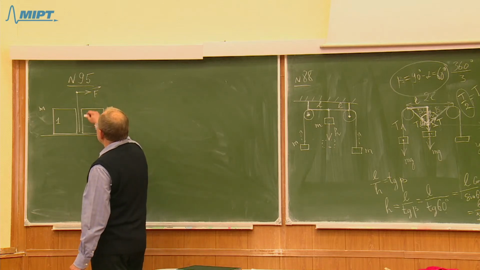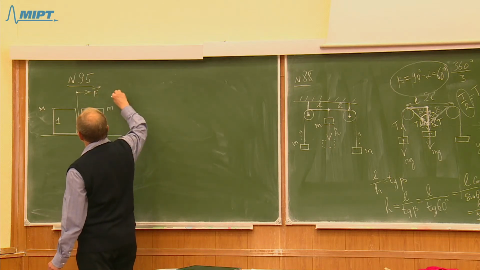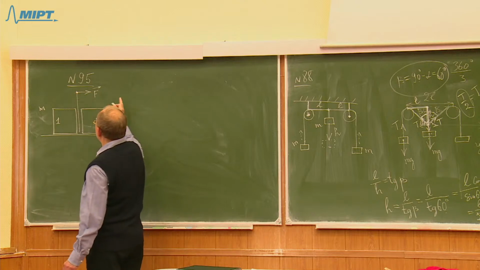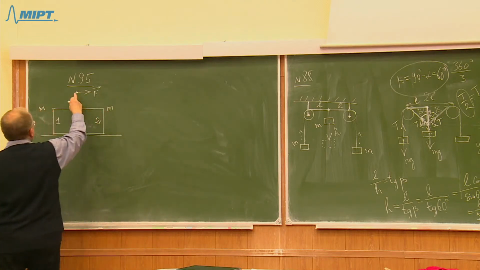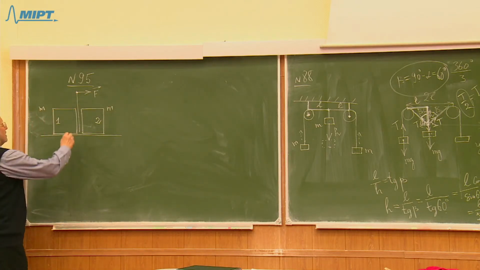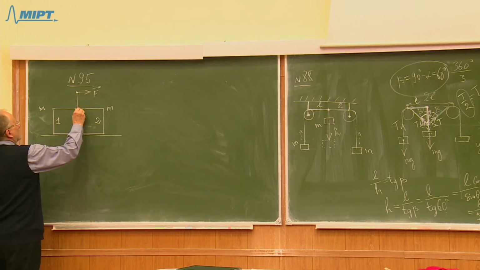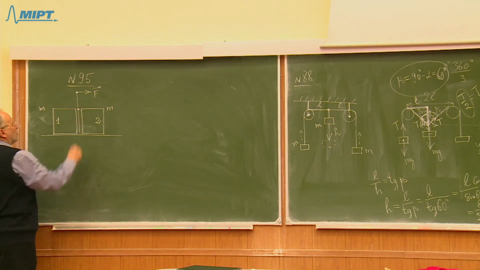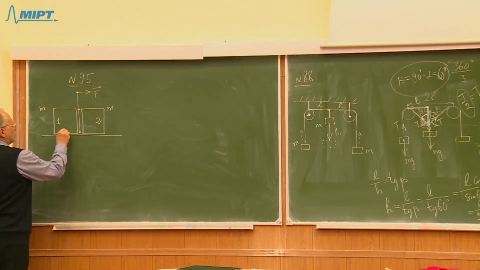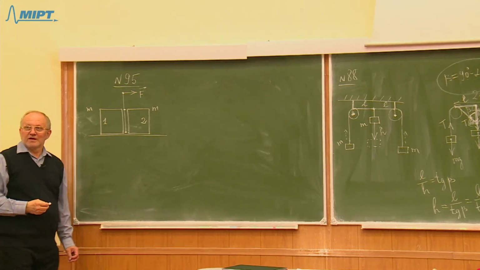When I pull the upper end of the rod sideways to the right, the rod will interact at this point with block 2, and the opposite end of the rod will interact with block 1.